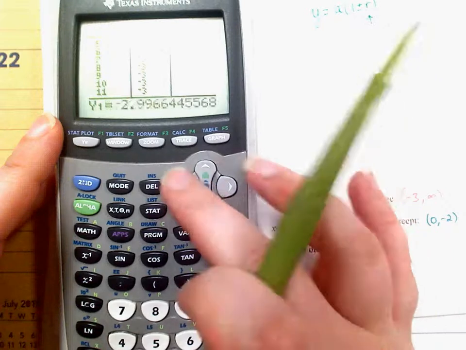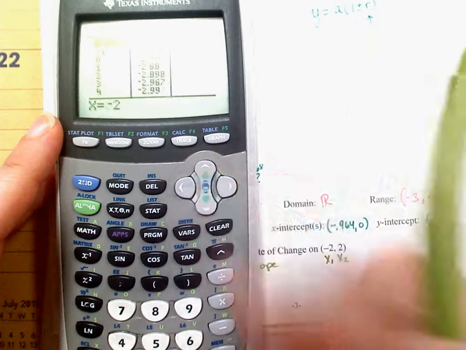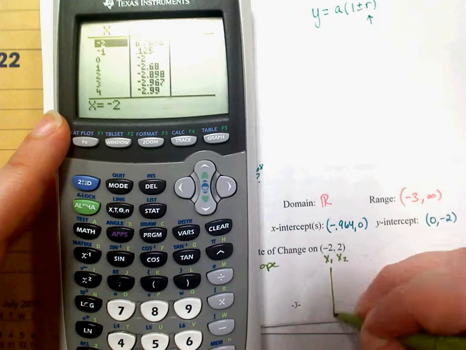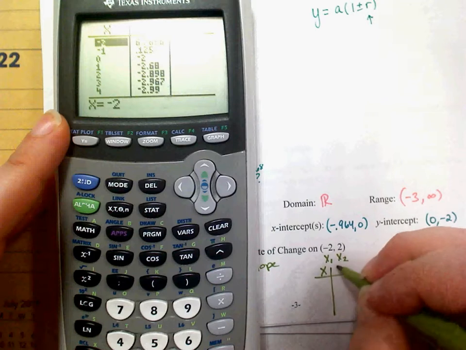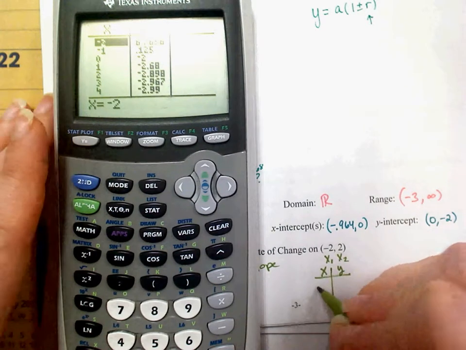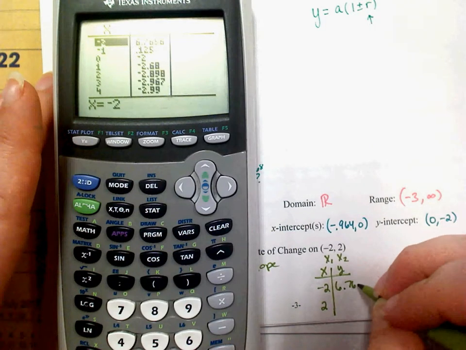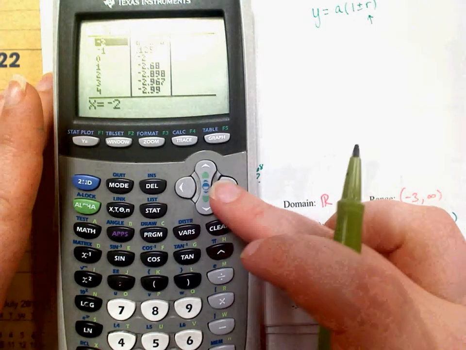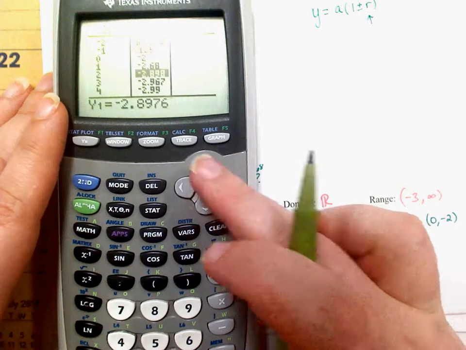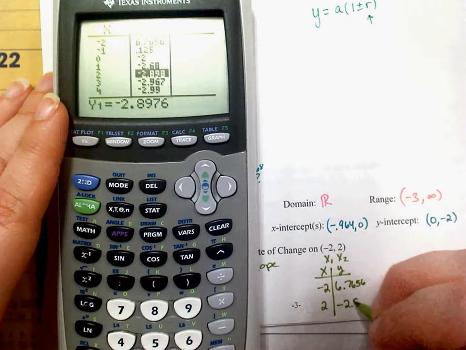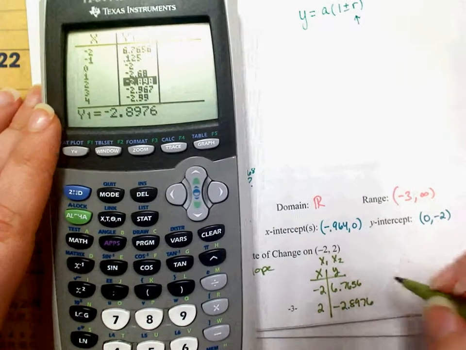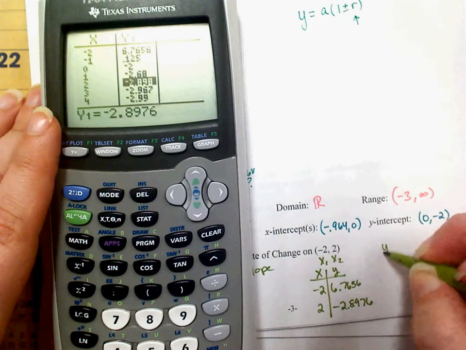Okay, so if you make a little chart, it might help you. Your x values are negative 2 and positive 2. Your y values are 6.7656 and negative 2.8976. So we'll do the slope formula, which is y2 minus y1 over x2 minus x1.